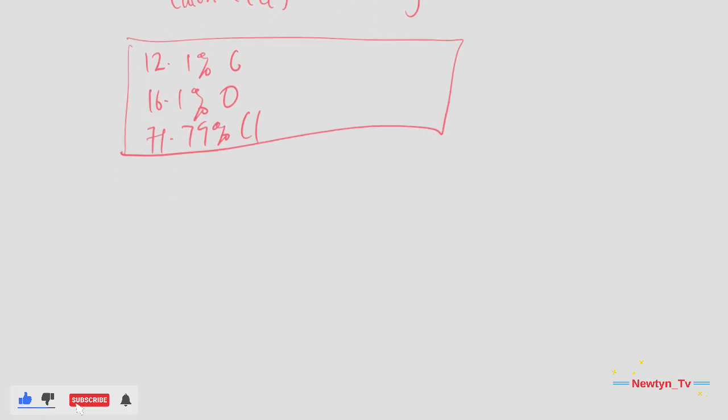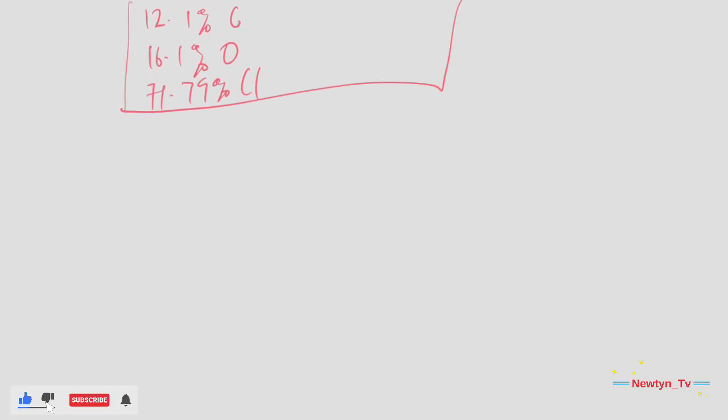Now let's look at another topic: how to determine percent composition from molecular or empirical formula.